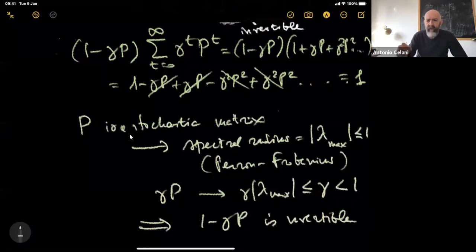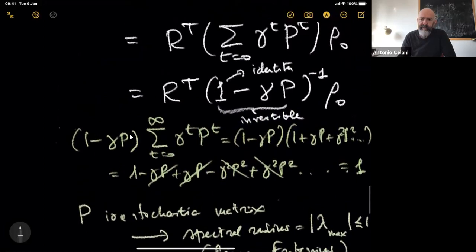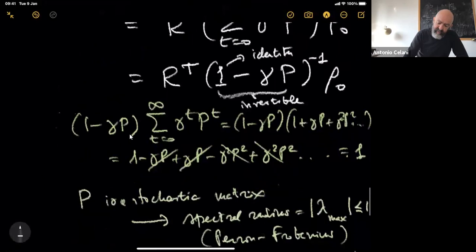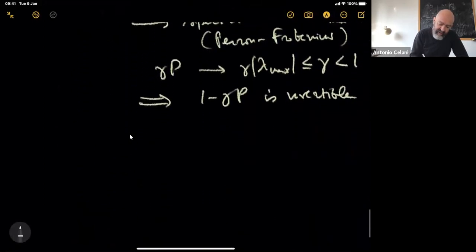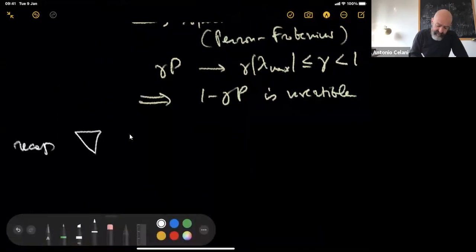Again, many details. The basic idea is that if you use custom tools from linear algebra, you can prove that you can invert your matrix here. So this expression finally makes perfect sense, which I summarize here. Recap, sorry, there's no gradient yet.